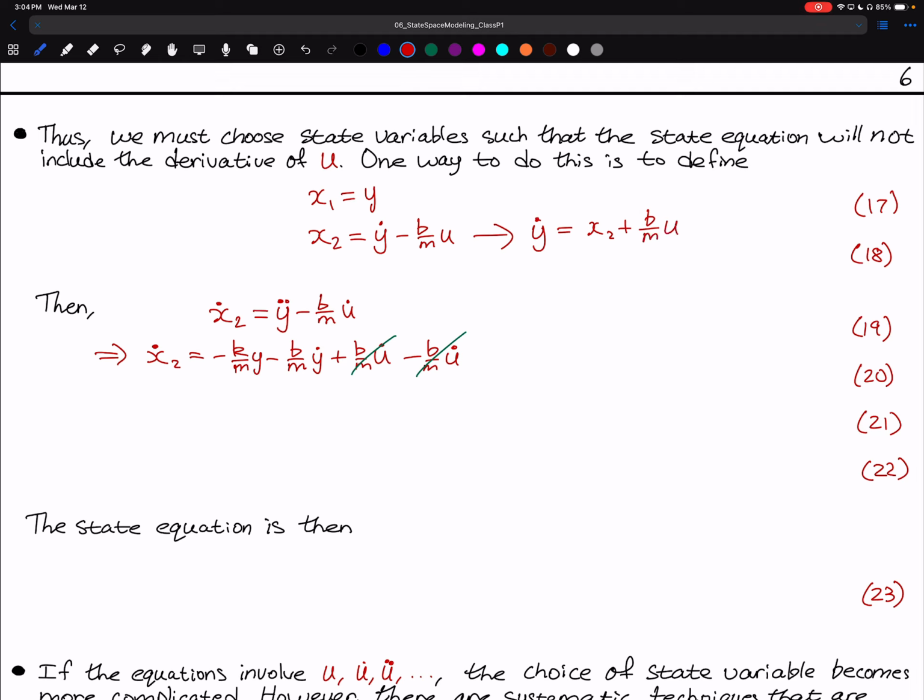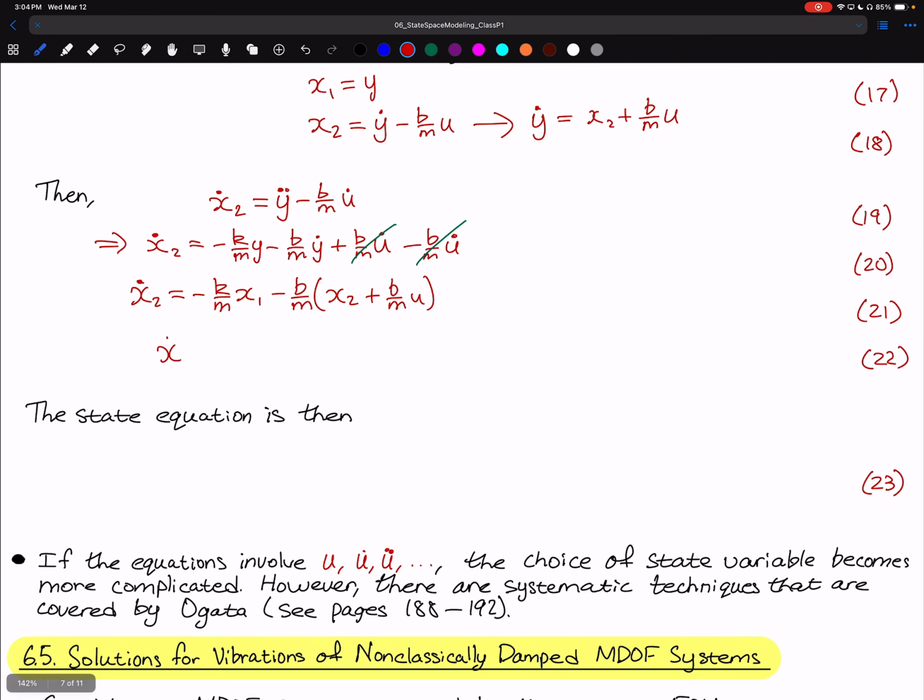We now substitute that back into equation 20 here, and we get that x2 dot is equal to minus k over m x1, since that should actually be an x1, minus b over m times quantity x2 plus b over m u, such that x2 dot is equal to minus k over m x1 minus b over m x2 plus b squared over m squared u.